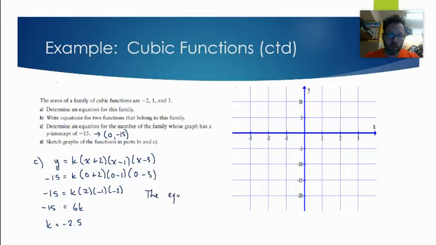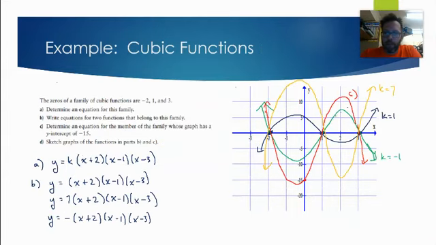So the equation is y equals negative 2.5, x plus 2, x minus 1, x minus 3. All right, and we've done D. We did D on the previous slide, sketched a few graphs. Maybe actually just to complete that, I'll just add in red, we actually did find out what that k value was. It was specifically negative 2.5.